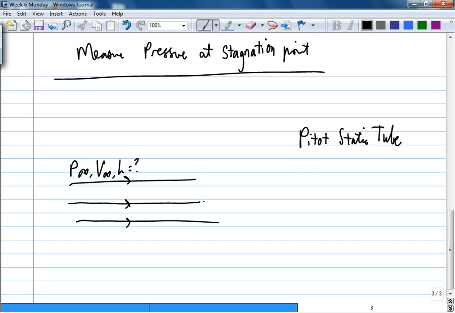The tube has an opening here. Here maybe you can connect it to a pressure gauge, but in this case I'll connect it to a manometer. You can connect it to a pressure gauge or any other pressure transducer, anything that measures pressure.